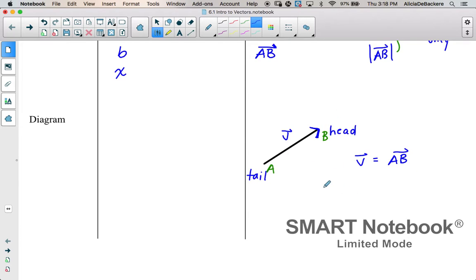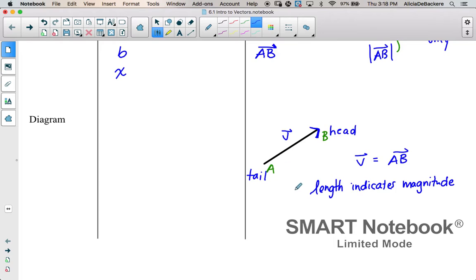When I draw my vector, I indicate the magnitude by changing the length of my drawing. And I'm going to change the angle when I have two vectors or other objects in my drawing.